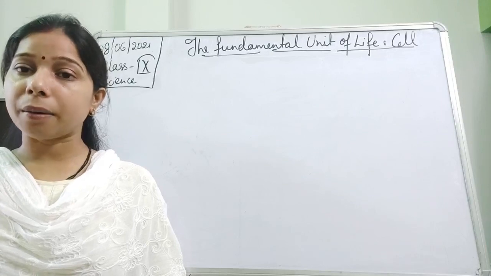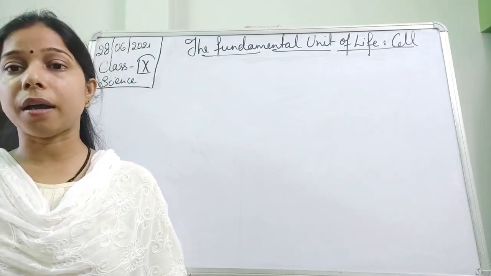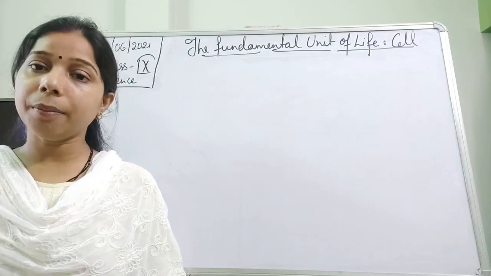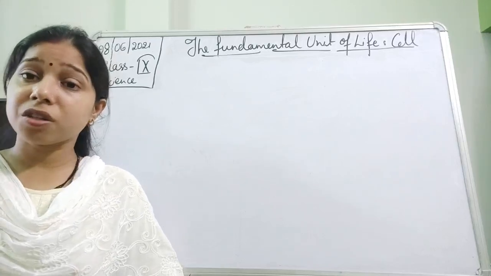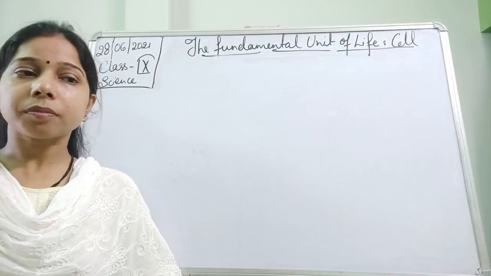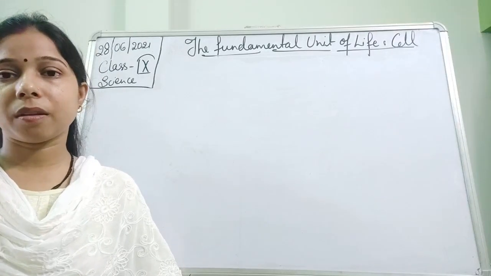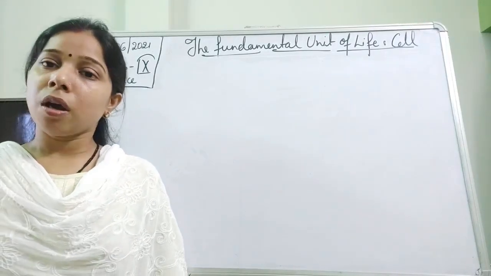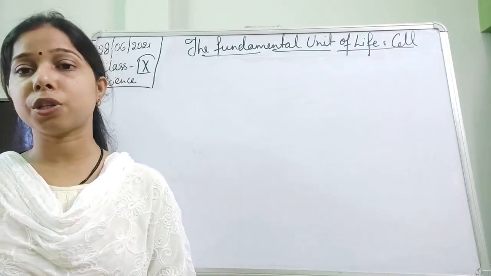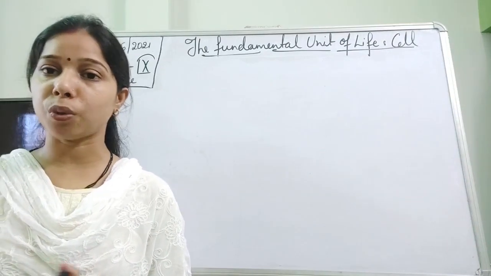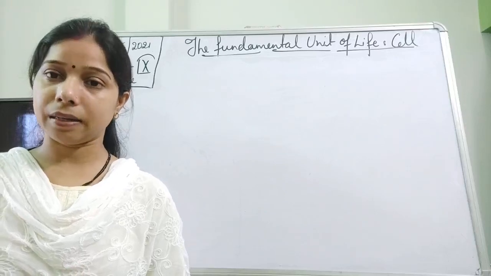these grana are connected to each other by lamellae, by a connection that is called stroma lamellae. Okay, so talking about the thylakoid, students, the granum is responsible for capturing and storing the light in it.